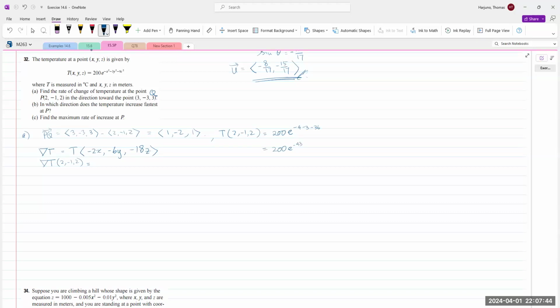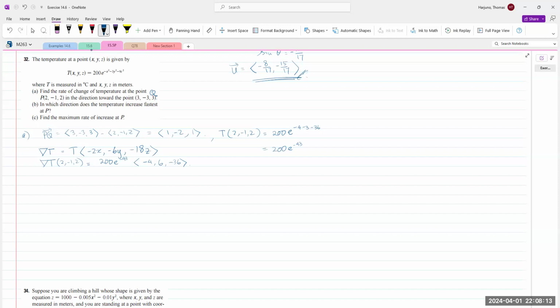Oh, that's very cold! So the gradient is 200 e to the negative 43 times negative 4, 6, negative 36. I actually can factor at least 2 out, but anyway, I'll just leave it like that.